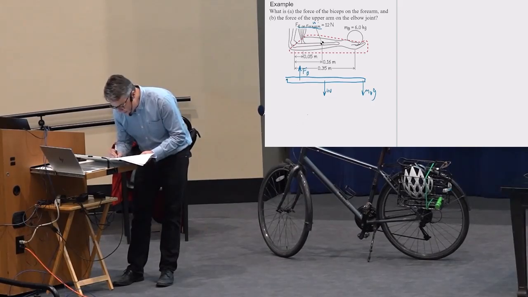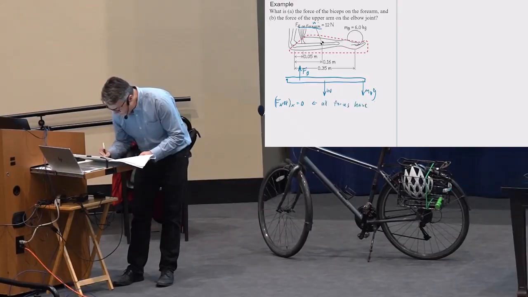And then I would say that the net force in the x direction equals 0. All these three forces so far have 0 x components. We'll define up to be y and to the right to be x components.